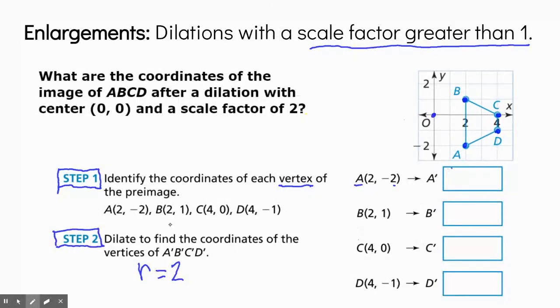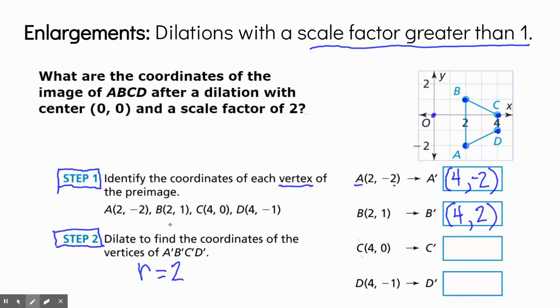So A prime, 2 times 2 is 4, negative 2 times 2 is negative 4. We take our B, multiply it by 2 to get B prime. 2 times 2 is 4. 1 times 2 is 2.